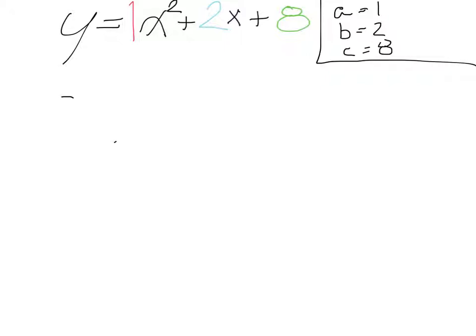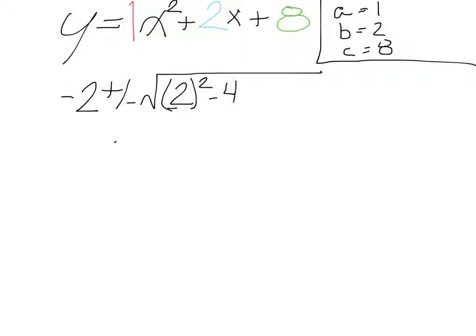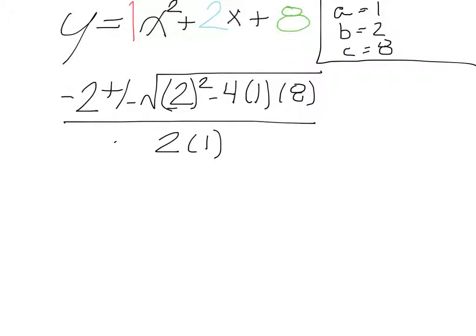So I have negative b plus or minus the square root of b squared minus 4 times 1 times 8 all over 2 times 1. Okay, so now let's go ahead and simplify that. I could do negative 2 plus or minus the square root of 4 minus 32.